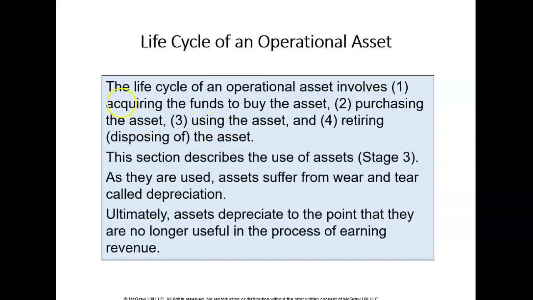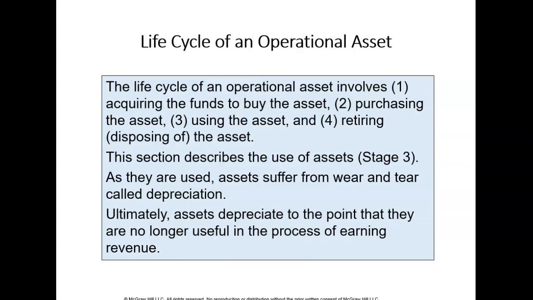So our focus right now would be on step three, the actual using of the asset. As the asset has been used, there's wear and tear on that asset, and we're going to recognize something known as depreciation. Okay? So ultimately, it depreciates to the point where it is no longer useful in the process of earning revenue.